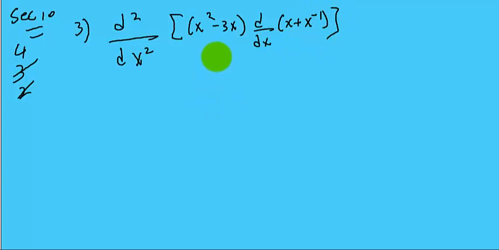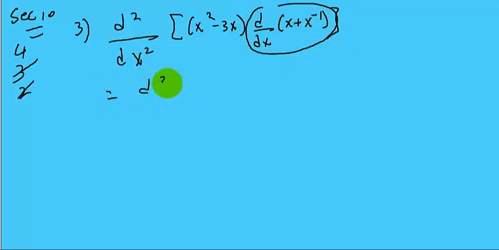Let me explain what they're really asking you to do here. This is brackets and parentheses, just like PEMDAS. You have to work from inside out. So the first thing you have to do is take a derivative of this function right there and leave everything else alone.